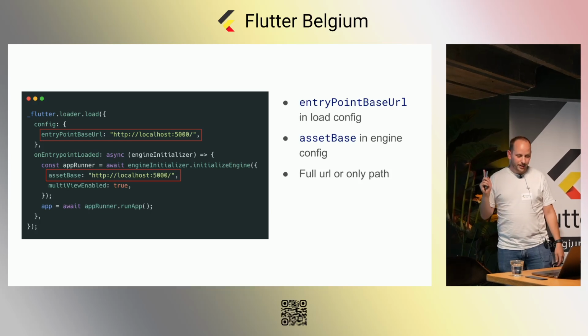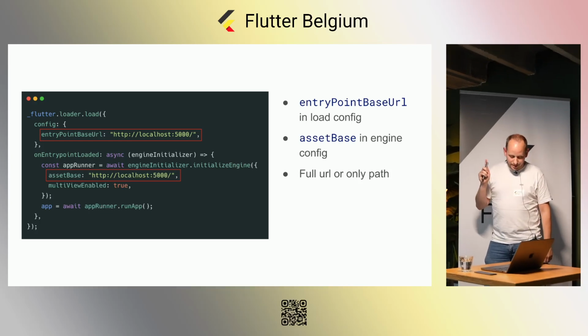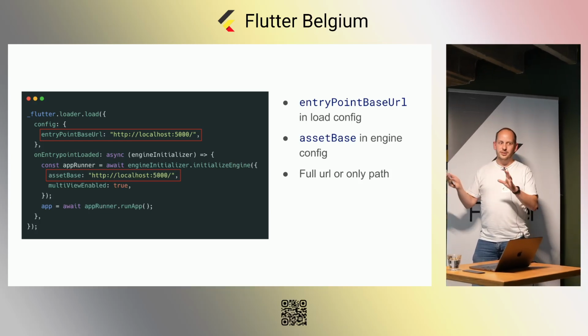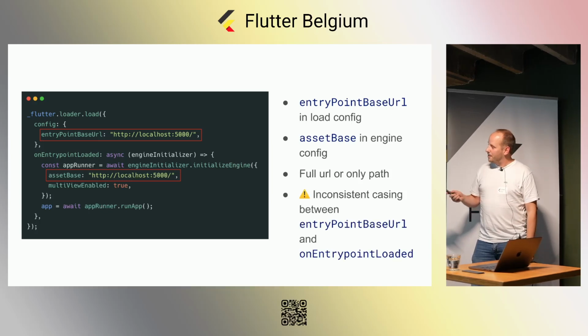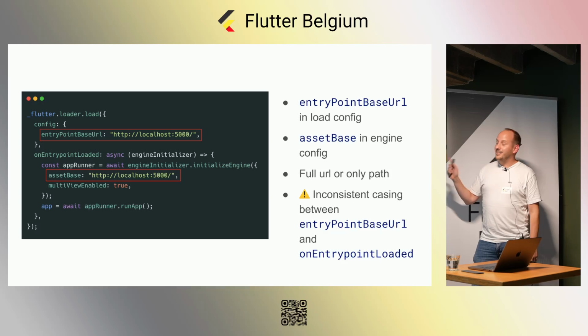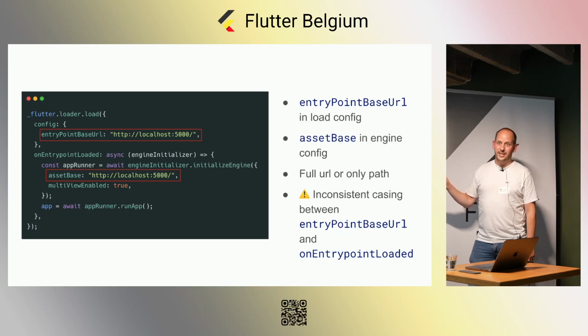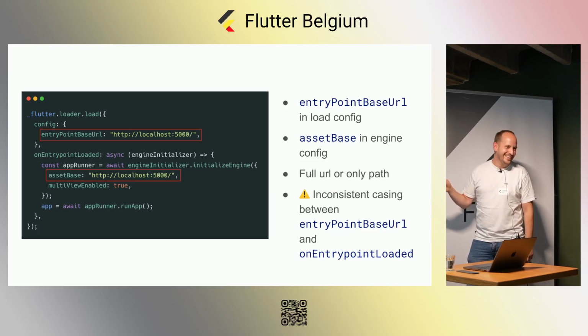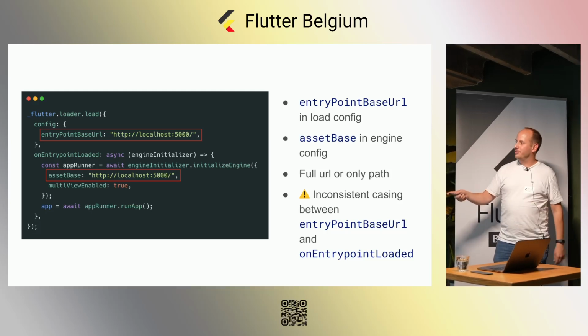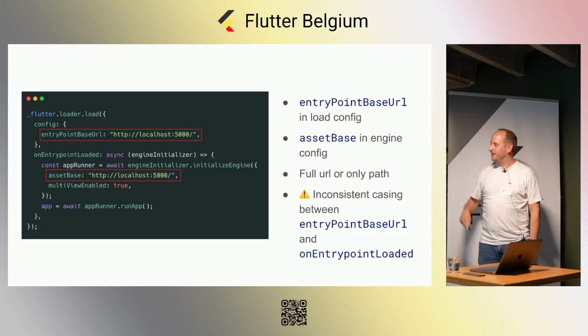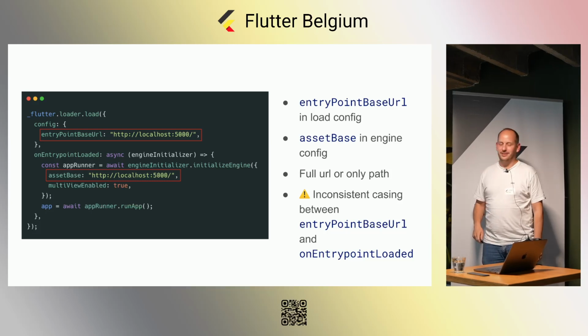And one thing I really want to mention, because I kind of feel ashamed how many times I ran into this and how much time I lost: there is an inconsistent casing in the word entry point. And this happened to me more than once. So watch out for this. I submitted a bug for that. Let's hope it gets resolved in a later version, but we'll see.